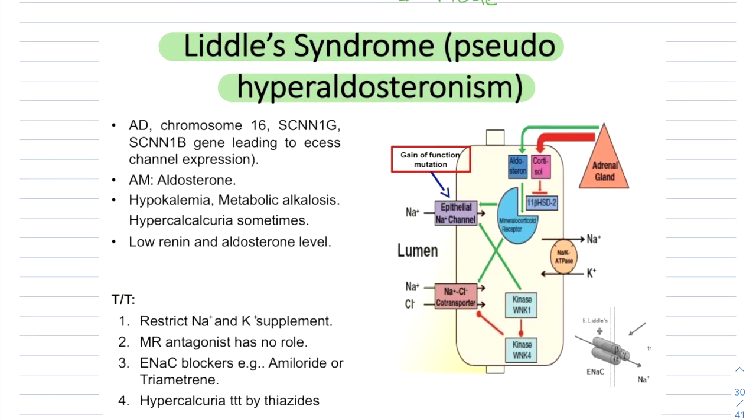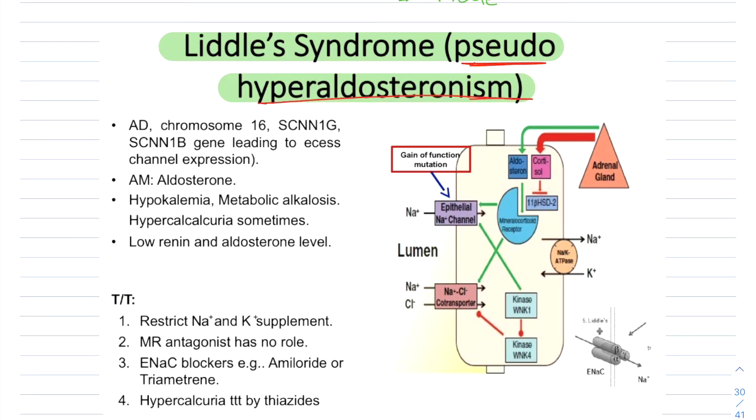Next, we'll be discussing the syndromes in which there is increased sodium reabsorption, but that is independent of the mineralocorticoid effect. That is, it has its own mechanism of increasing the sodium reabsorption, with no effect of the mineralocorticoids or the mineralocorticoid receptors. So first in this category is Liddle syndrome. Liddle syndrome is also known as pseudohyperaldosteronism.